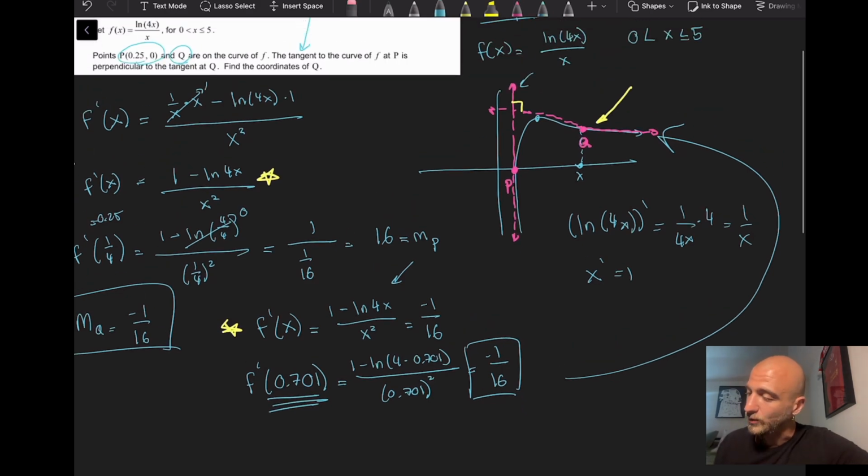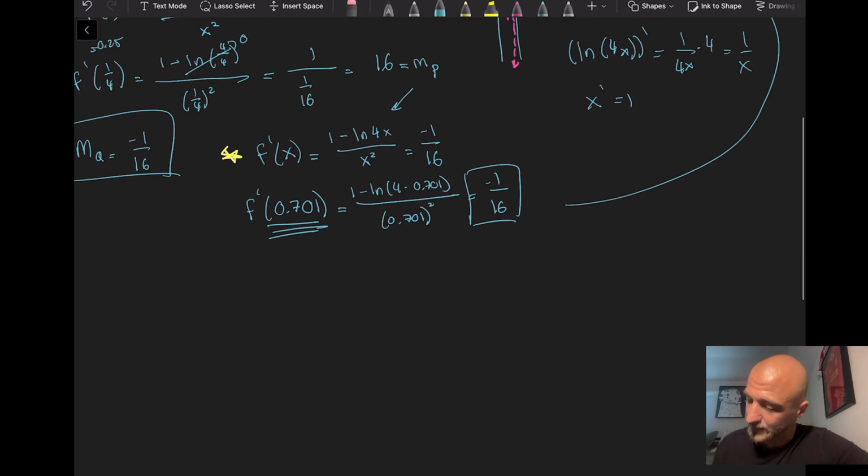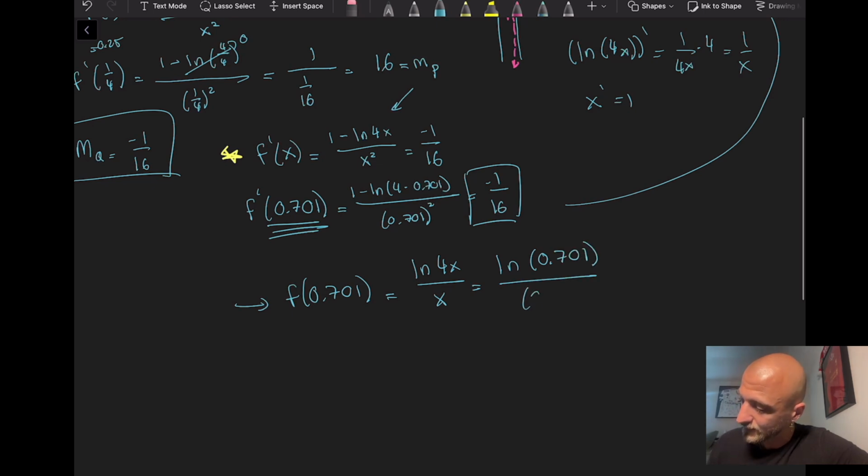This is pretty easy. We go back to our original equation, ln of 4x over x, and we plug in 0.701 into that equation. So rewriting it, ln of 4 times 0.701 over 0.701. Let's go to the calculator, plug this in really quick.